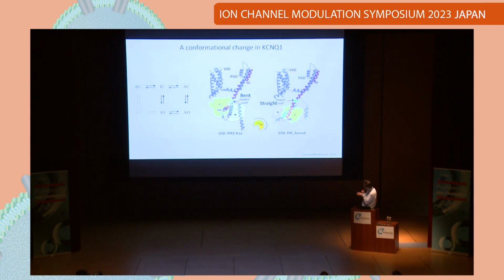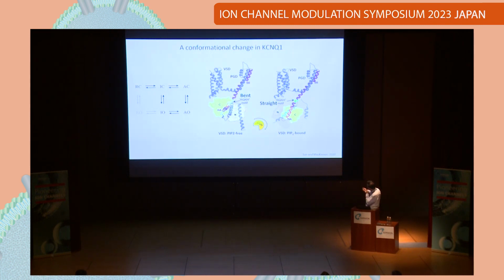So what they found was that calmodulin would bind to the intracellular alpha helices HA and HB. So this helix, HA, is the extension of S6. But when there is no PIP2 bound, the alpha helix is broken here, and then there is a bend of this helix, which allows the calmodulin to interact with the voltage sensor domain of the channel. So we call this a bent structure.